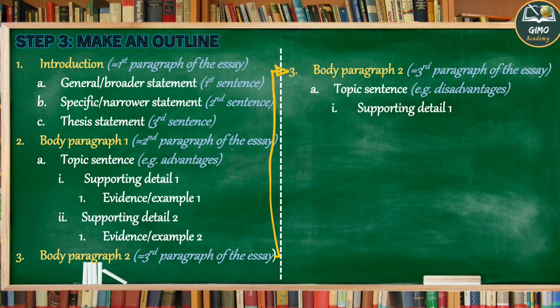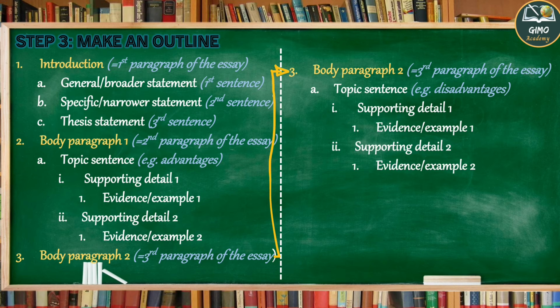And we have also the supporting detail for this topic sentence, and also an example or evidence to substantiate our ideas. We can also include the second supporting detail and also examples or evidence. When you are done with both body paragraphs, the first body paragraph and the second one, we then move on to the conclusion.